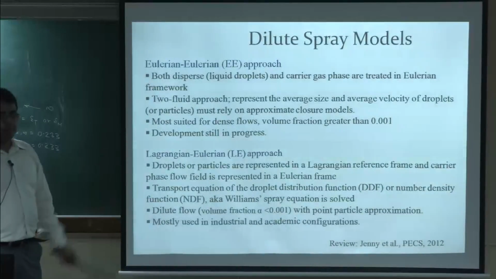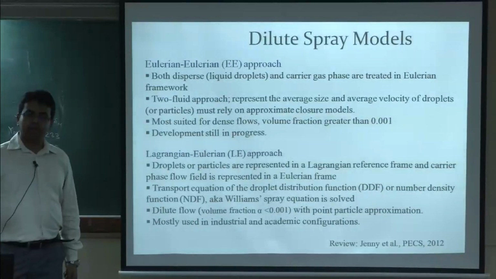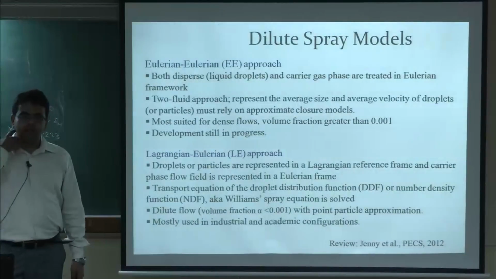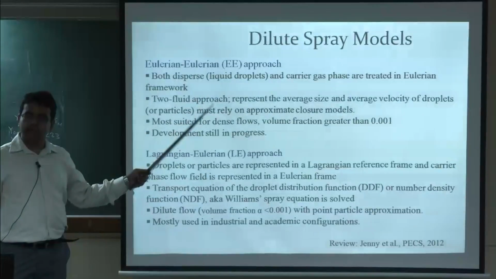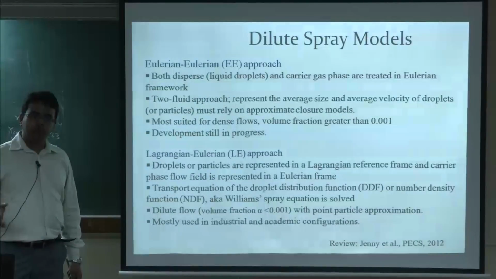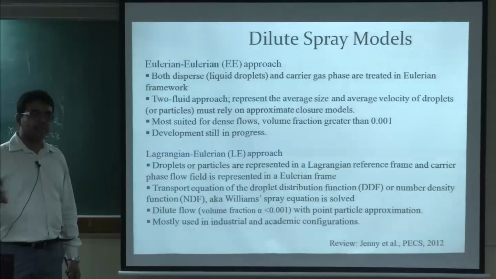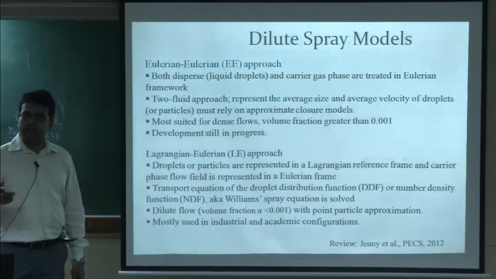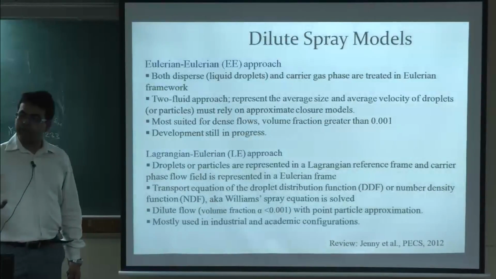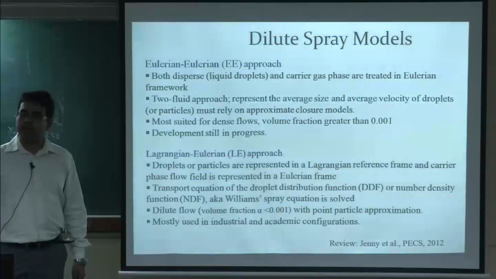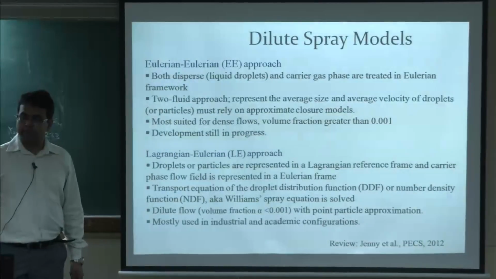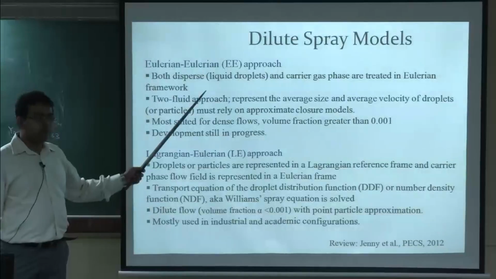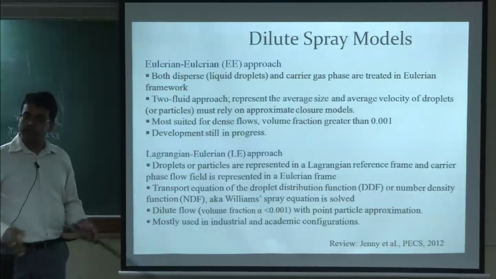The Eulerian approach has some drawbacks because you need to capture the interface between the liquid and the gas phase, and that is quite difficult here. Also, you need to apply the proper boundary conditions at the interface between the liquid and gas phase. So, we need constitutive relationships for the application of the boundary conditions, which is quite difficult in this Eulerian approach, but it is easy to code and easy to parallelize.